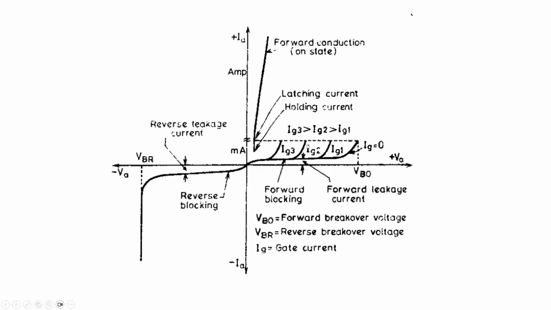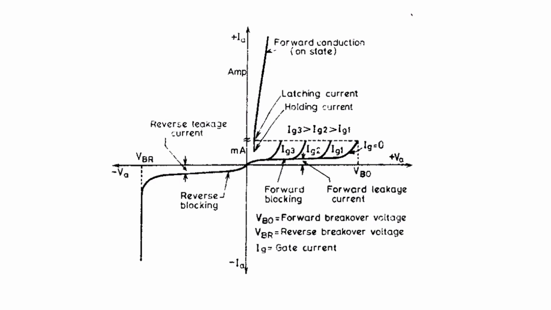Okay, so once you provide a gate pulse and the current starts increasing, but the current doesn't reach the latching current level, and you remove the gate pulse prior to reaching the latching current level, then what happens is the thyristor again goes back to non-conduction state or off state. Okay, so we can say the thyristor is not fully turned on.